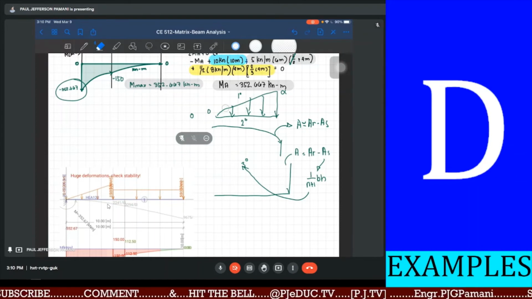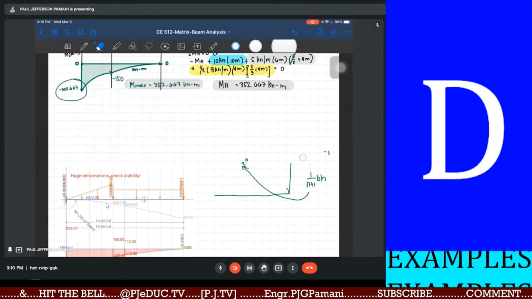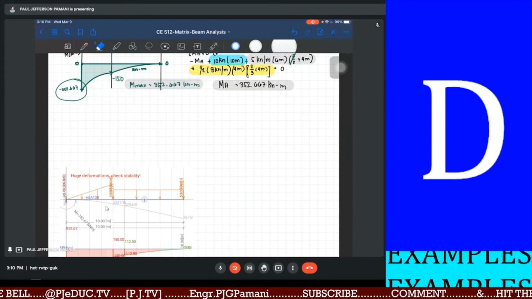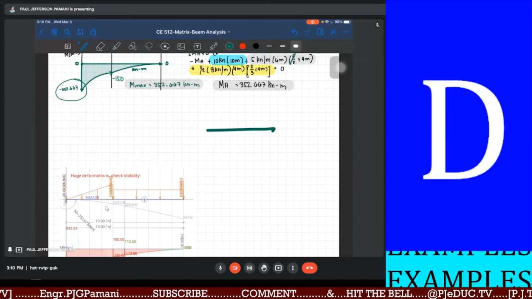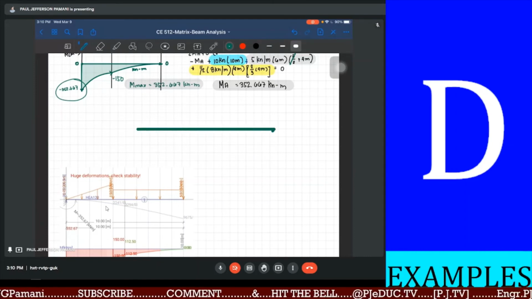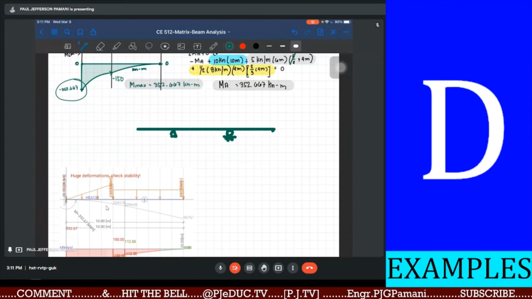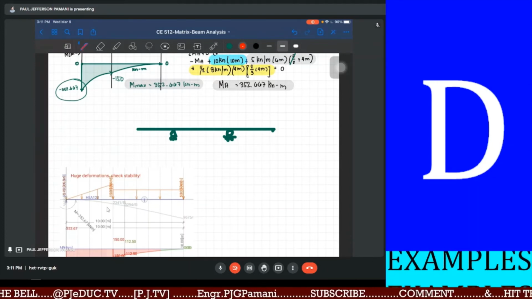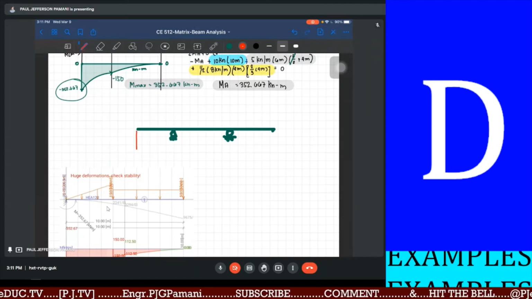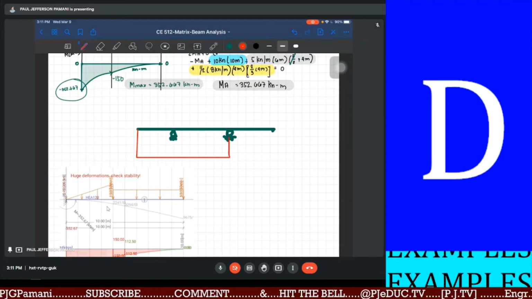So later on, if you will encounter a shear and moment diagram on beams, mamaya meron tayong problem na ganito. Hinge, roller. Tapos, dahil sa dista si sir, lalagyan ko ng uniformly distributed load dito sa baba.